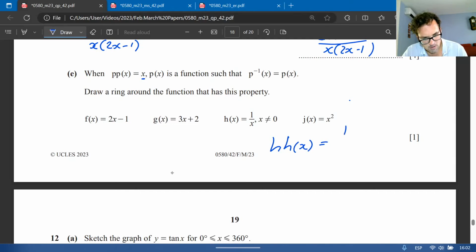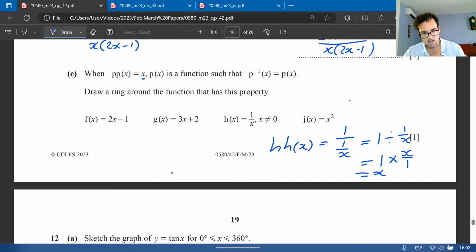It means we take the function of h, and then instead of x, we put the function of x again. How would you simplify that? You can think of it like this. I've got 1, which I'm dividing by 1 over x. Now remember, when we divide with fractions, we invert and multiply. x divided by 1 is x, x times 1 is x.